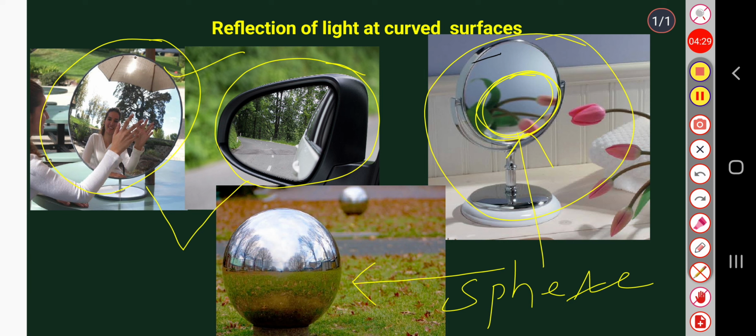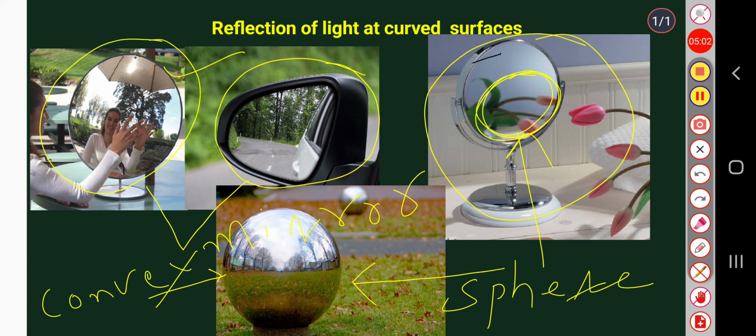Now this is nothing but acting like which mirror? Convex mirror. When you see from the outside, you can see it as a convex mirror. Now suppose, assume yourself at the center of the sphere.